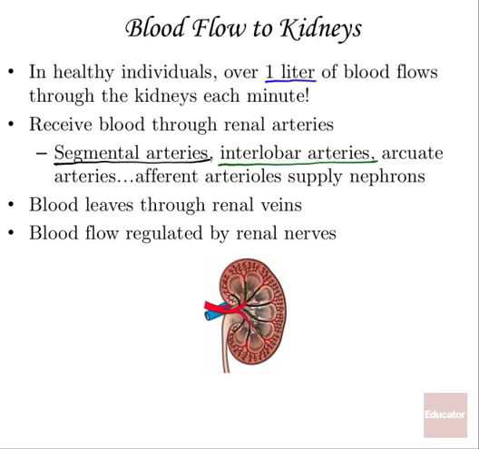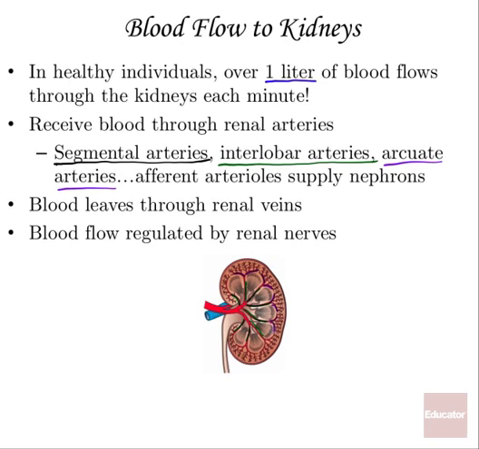All of these are interlobar arteries, which branch off of the segmental arteries here. The arcuate arteries take blood, branching off of the interlobar arteries, all the way up to the more superficial cortex regions. So here and so on. You're going to see those arcuate arteries.